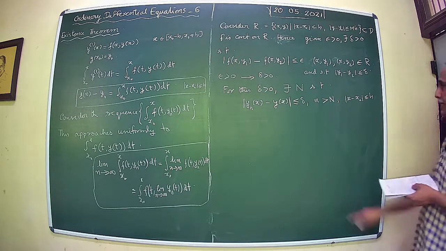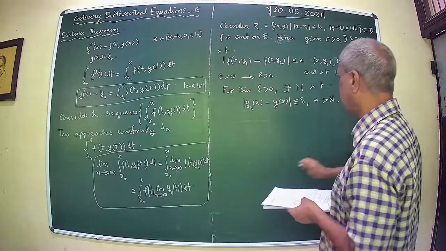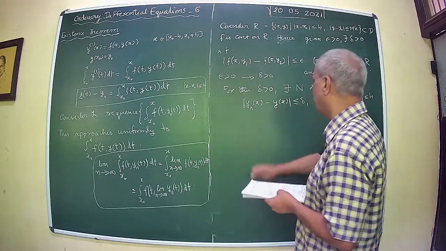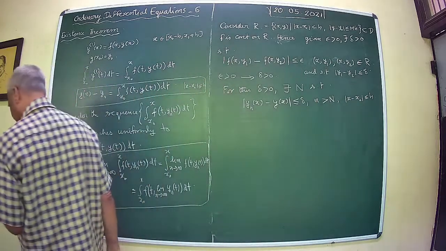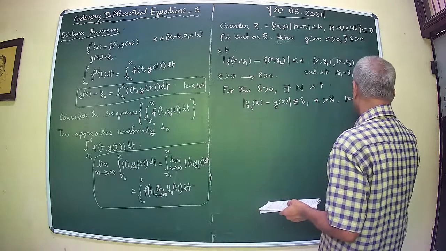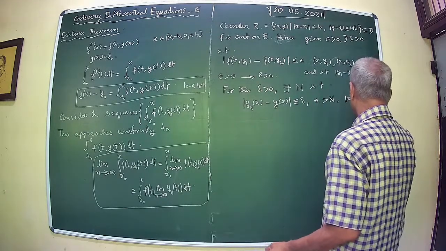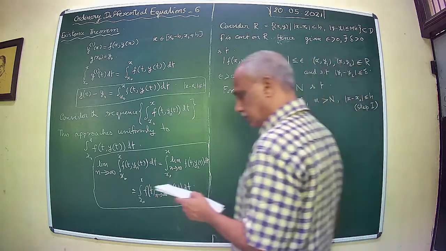So you can get this as closely as you want on the whole interval. So y_n converges uniformly to y. That's what we have seen, and this is a consequence of part 1 of step 1.